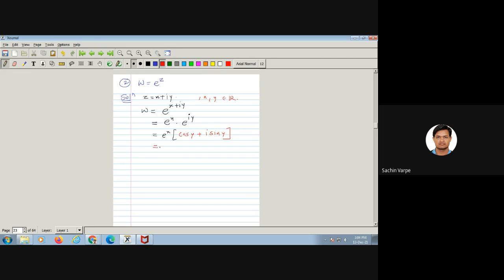So what will I get from here? I'll get e raised to x cos y as the real part plus i times e raised to x sin y as the imaginary part. This is of the form a plus ib. Is this clear? Is it clear to everyone so far? Yes, sir. So this w is now of the form u plus iv.